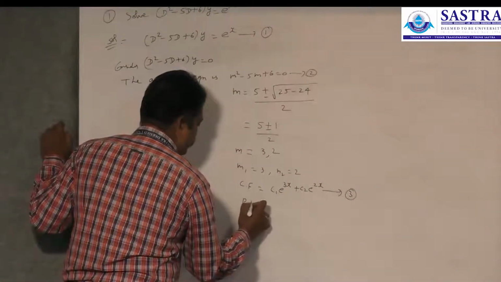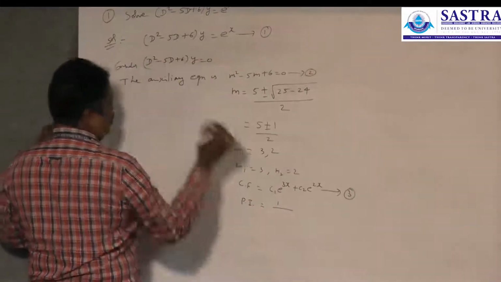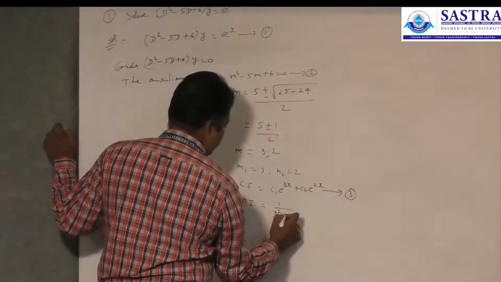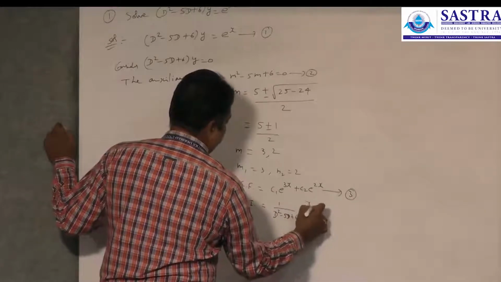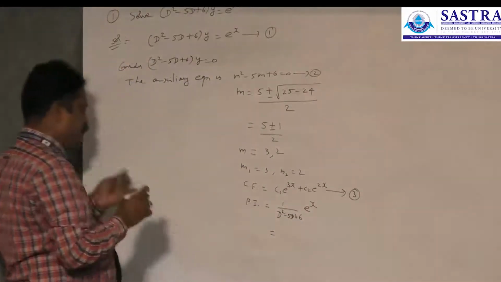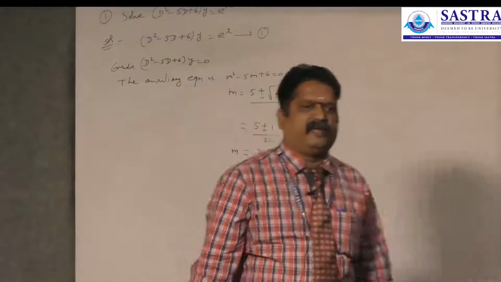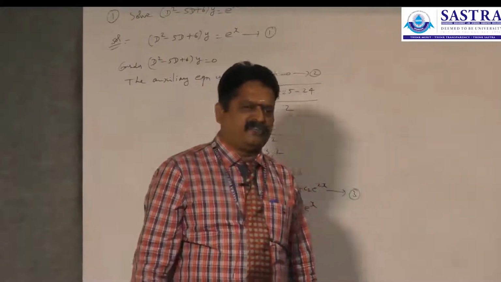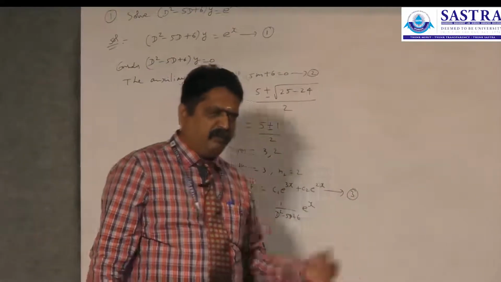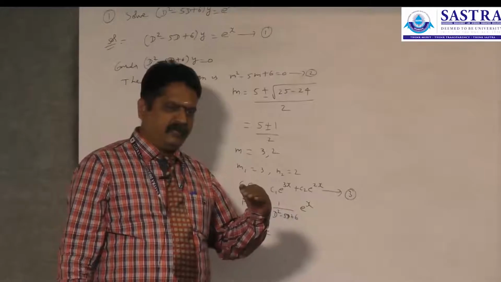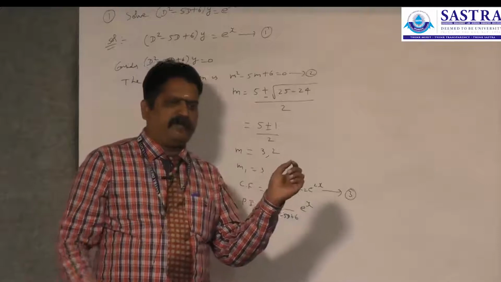To find the particular integral, the procedure is 1 divided by f of D, e power x, where f of D is D square minus 5D plus 6. What is the procedure when the right hand side is e power ax? Just replace D by a, provided the denominator is not equal to 0, that means f of a is not equal to 0. If f of a is equal to 0, we have to differentiate the denominator with respect to D and then replace D by a, and at the same time multiply x to the numerator.